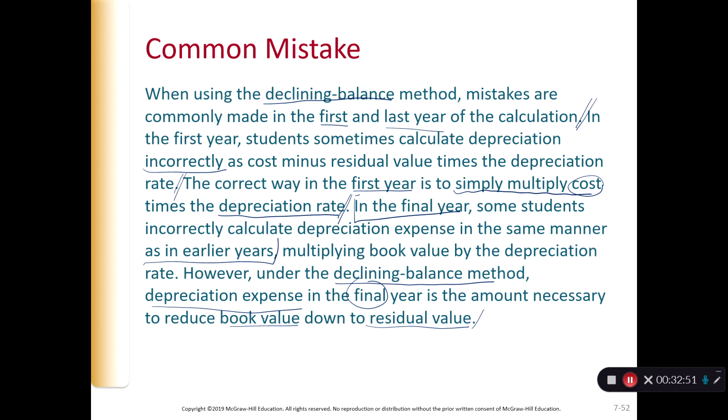So the last year's depreciation amount should equal the book value minus the residual value. Okay, so that's the last year's depreciation under the double declining method.